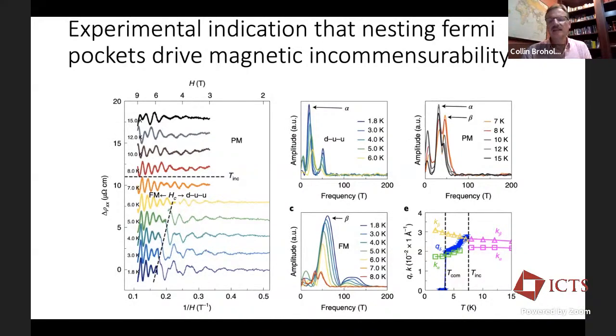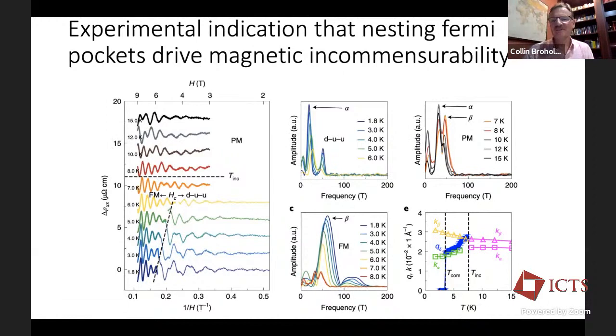And from that, we can then extract a linear dimension of the orbit, if you will, a diameter of the orbit. And that diameter we have shown as a function of temperature with the green and the yellow points in this graph down here. And those are being compared in blue with the wave vector of the underlying incommensurate magnetic order, which is also temperature dependent.